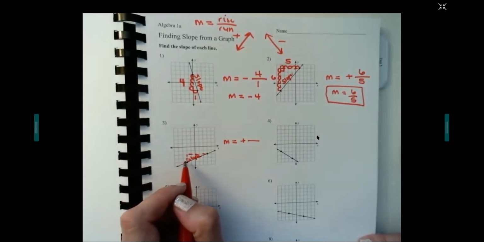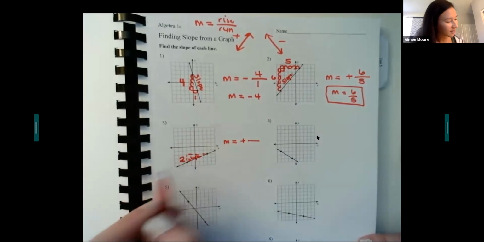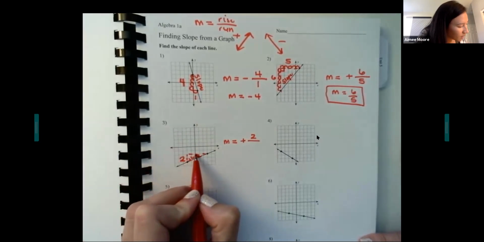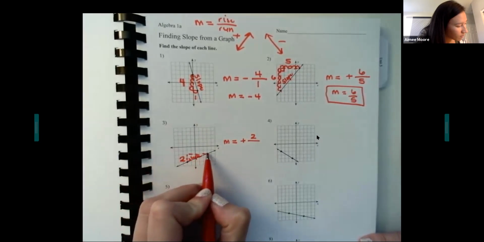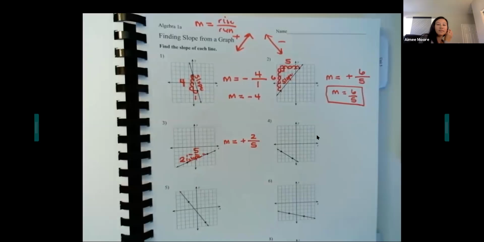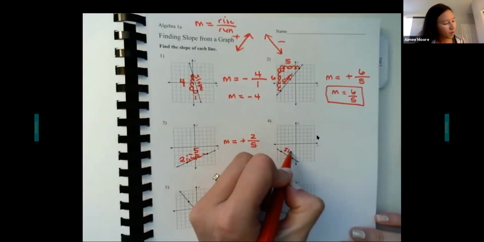So it'll be 1, 2. Excellent. Is our rise good? And how many is our run? 1, 2, 3, 4, 5. Excellent. Very good.